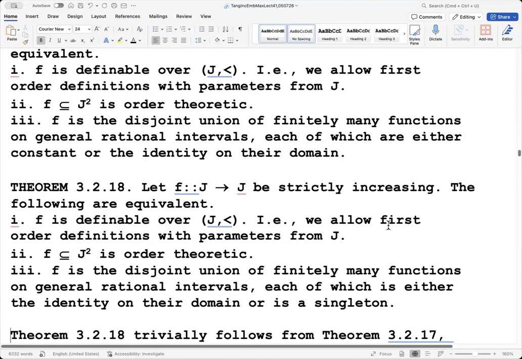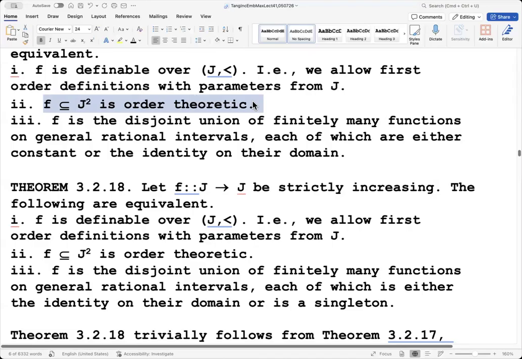Then we have characterizations of the order theoretic functions of one variable. The order theoretic functions of one variable have a very basic, important description from O minimality theory.